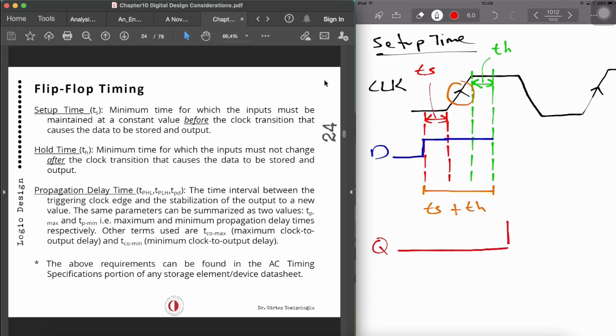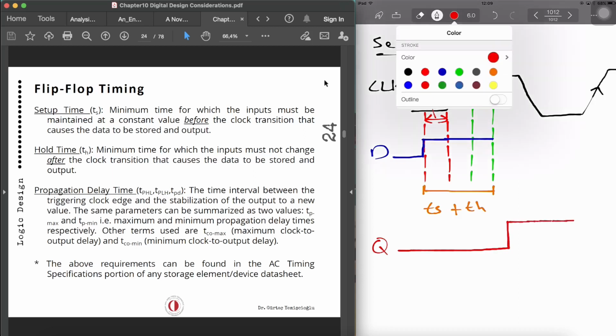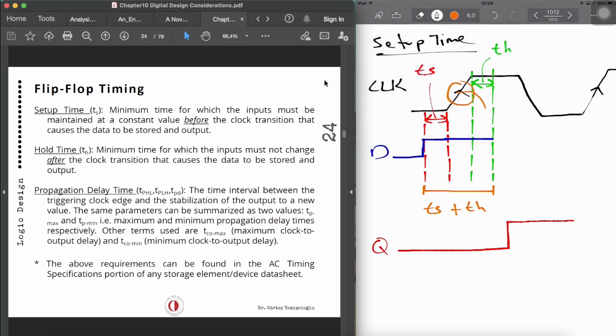And it's going to be 1. Now, what we can say about this, from the triggering edge to where we start to see or stabilize the output, is known as the flip-flop propagation delay. Okay, and then it might change again.